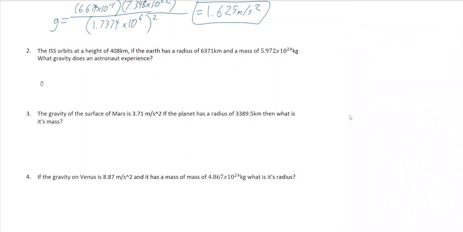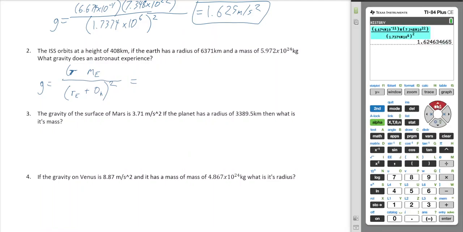This is going to be a very similar question to what we had before, but your radius is going to be the Earth's radius plus the orbital height. I don't want to write it all out because it takes a bunch of time, but when I type it in my calculator, you'll be able to see it as well.